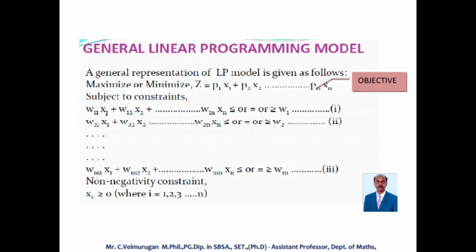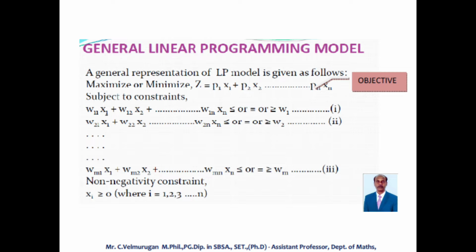Now we can define a constraint: w11 x1 + w12 x2 + etc. + w1n xn less than or equal to, or greater than or equal to, w1. Here w1 is known as the availability of the resource.